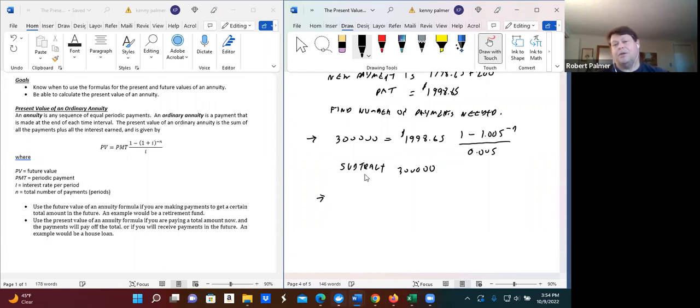What that leaves me with, I'm going to call this y, is equal to 1,998.65 times this fraction, 1 minus 1.005 raised to negative n, over 0.005, minus 300,000. What we're looking for is a place where these two things are equal. That's what the solution is going to be. A solution to any equation is the value that makes it true. So essentially, where is this side going to become $300,000 when I find that n?